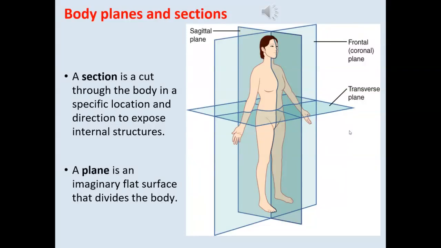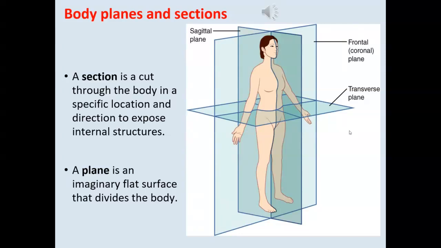A transverse plane is a horizontal cut, and it can be at any level in the body. Any way we would cut this guy in this direction, it would be a transverse section. Sagittal would be this way, cutting into left and right parts. If it's right down the center line, then we call that mid-sagittal. If it's off to the side, we call it parasagittal.